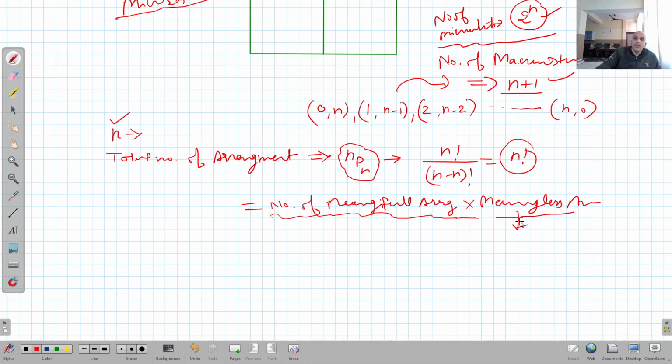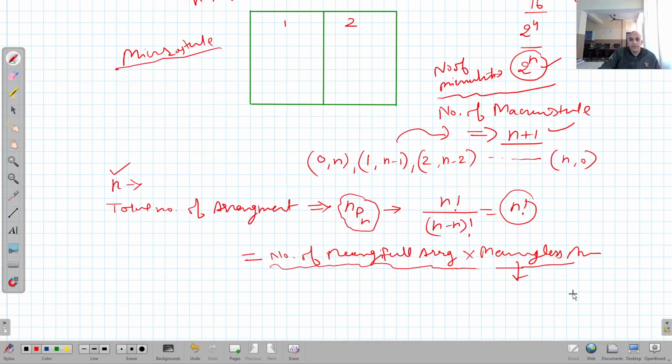So let's consider one possibility. In this possibility, the first compartment has n1 particles and the second compartment has n2 particles, such that n1 plus n2 is equal to n.